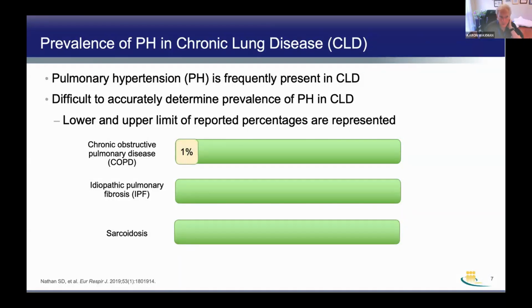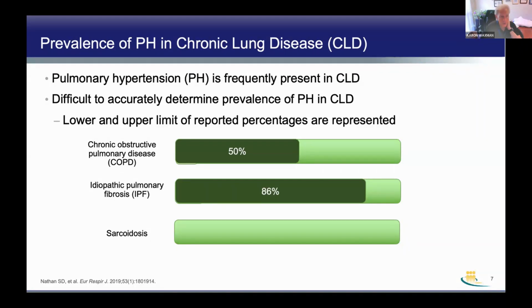With COPD, it's as low as 1% and as high as 50%. With IPF, or idiopathic pulmonary fibrosis, the literature would suggest as low as 8% and as high as 86%, and of course sarcoidosis being as low as 6% and as high as 74%. I think the bottom line is when we see ranges like this, we probably are underestimating the prevalence overall.